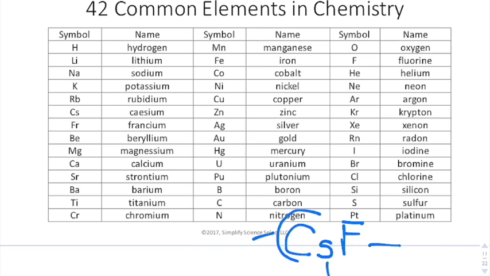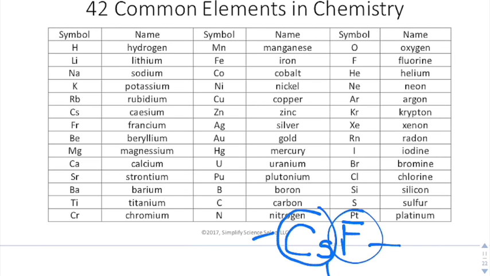You should know that CS is going to be cesium and that this is going to be fluorine. You need to know these 42 elements moving forward. They will appear on your quizzes, and it is the expectation that you know these. We highly suggest you make note cards or practice with a partner, but these are things that you have to know so that you can focus on the chemistry later instead of asking, hey, what does H stand for again?